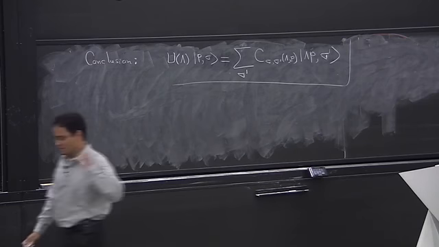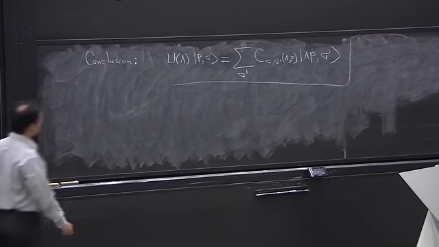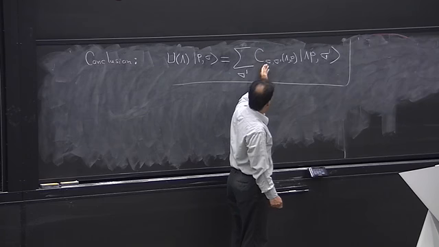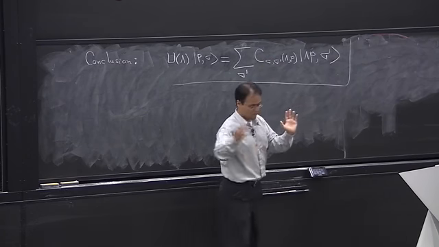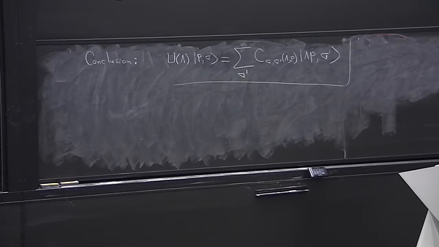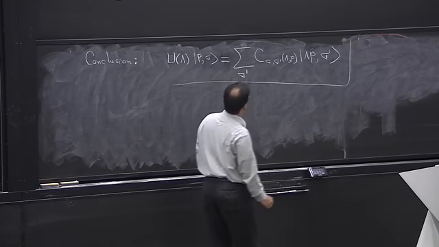Now, the structure of these C's is what we are after. If we find that these matrices, sigma, sigma prime, these are now big matrices on our Hilbert space, we want to find a way to construct them in such a way they become block diagonal. And each block will be called a particle. Okay?